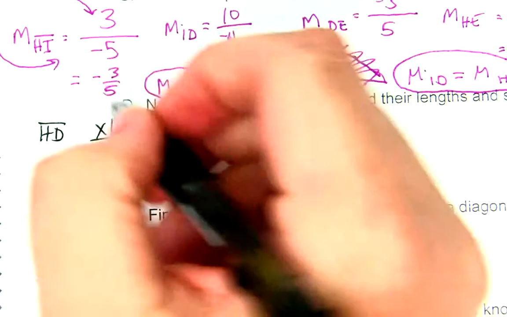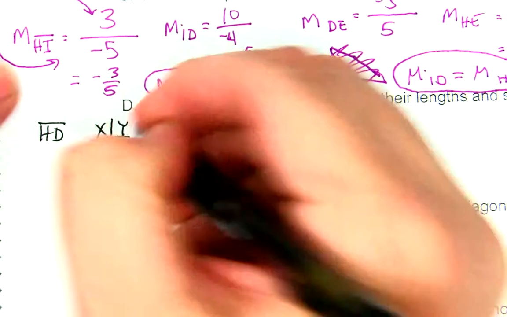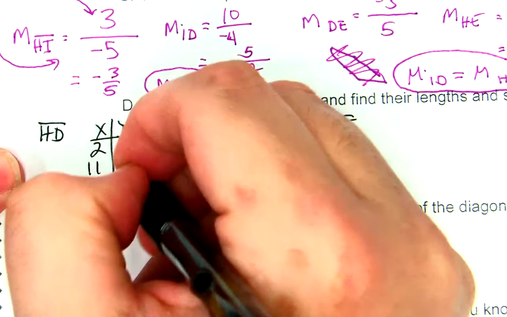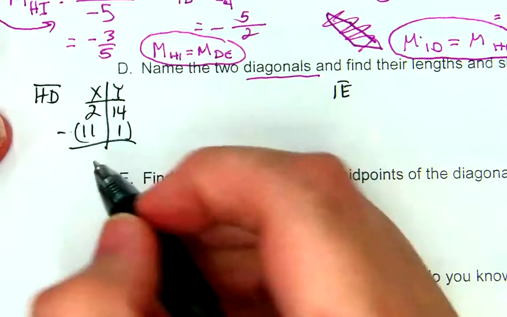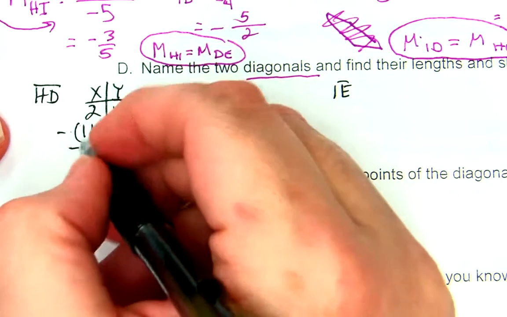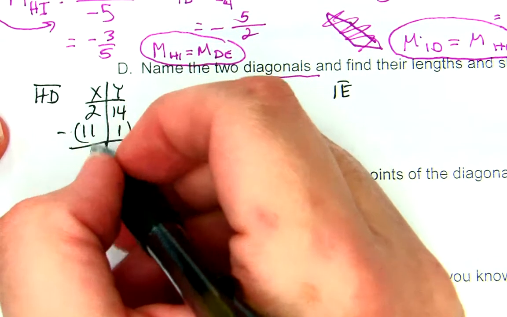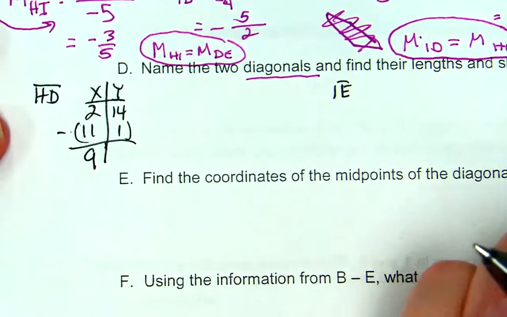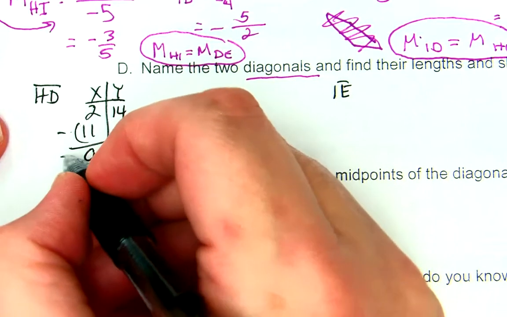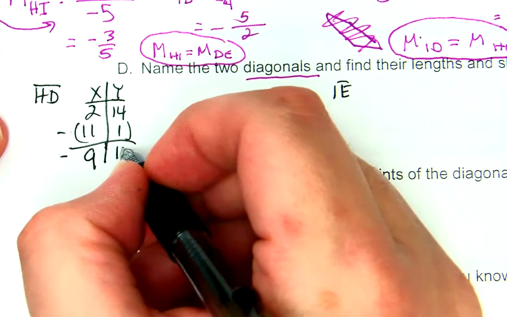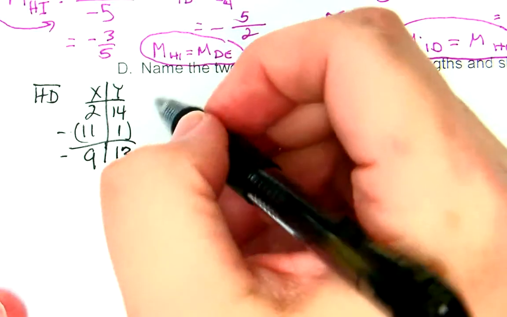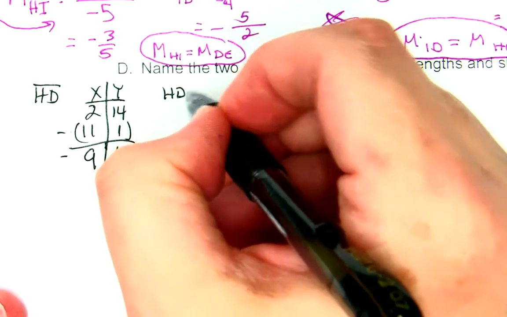H is 2, 14. D is 11, 1. Subtract. What's 2 minus 11? 2 minus 11 is negative 9. 14 minus 1 is 13.